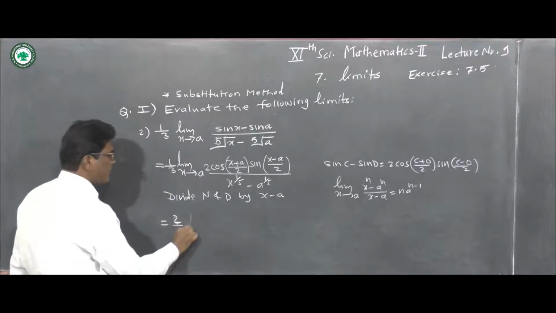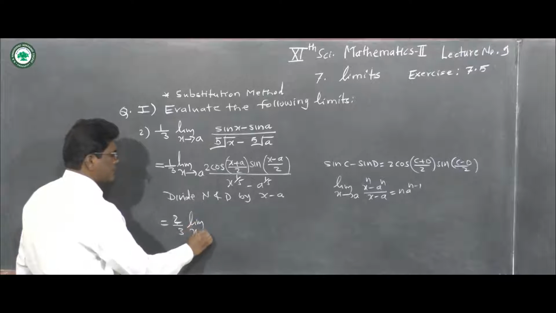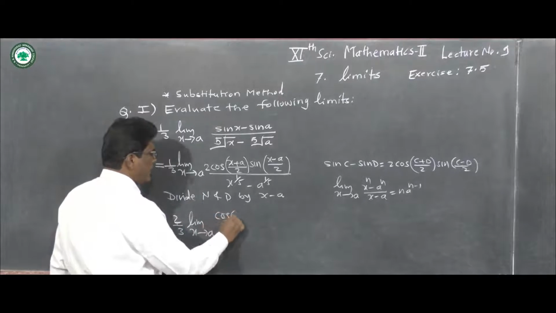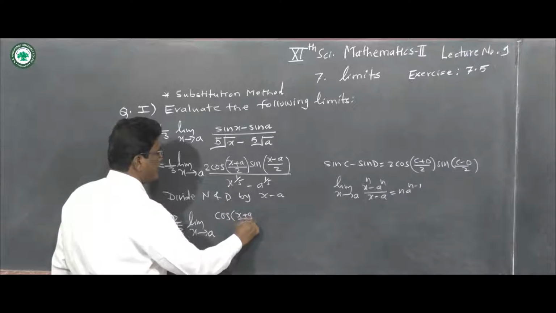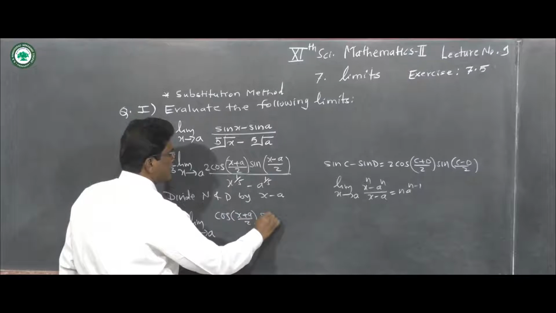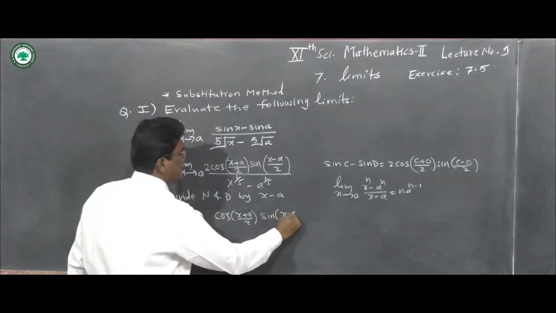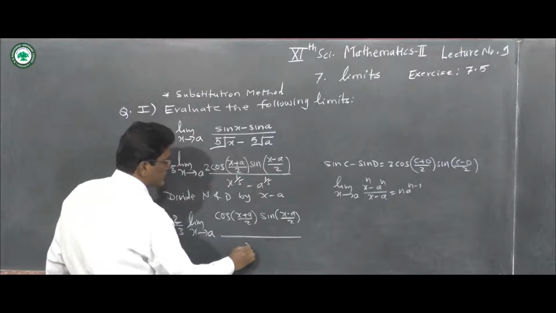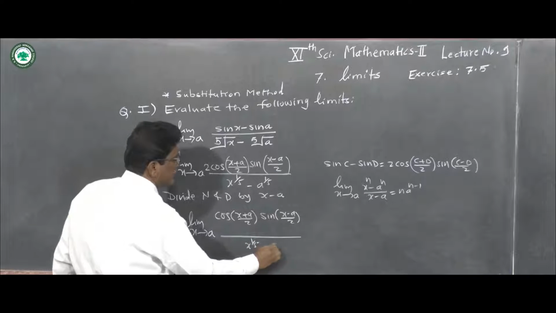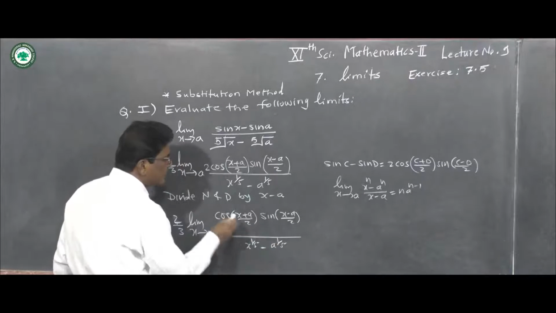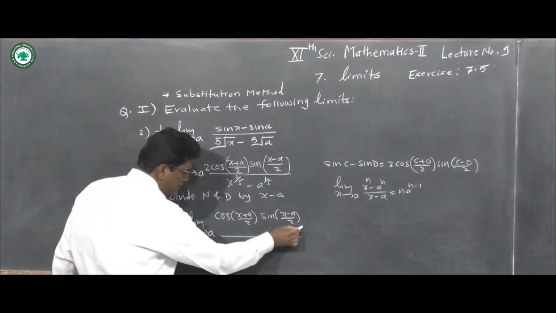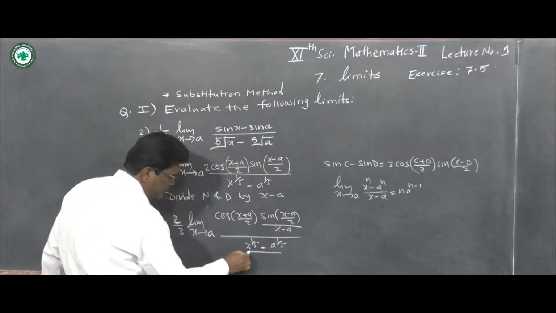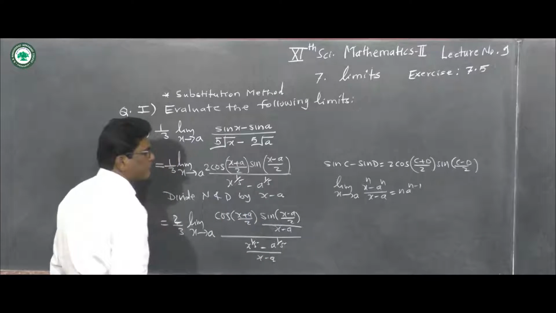So 2 upon 3 into limit as x tends to a, cos of (x plus a) divided by 2 into sine of (x minus a) divided by 2, and whole divided by x to the power 1 by 5 minus a to the power 1 by 5. Now we divide the numerator by x minus a, and also the denominator by x minus a.